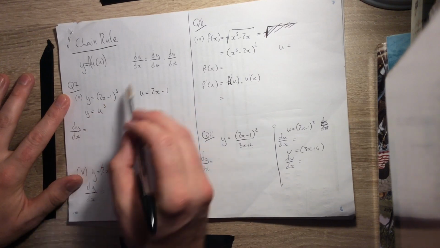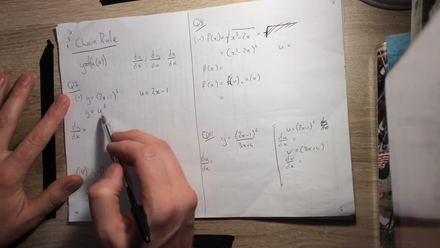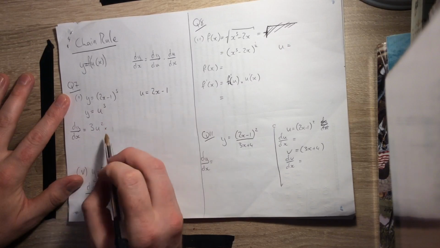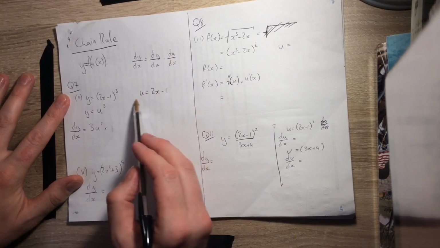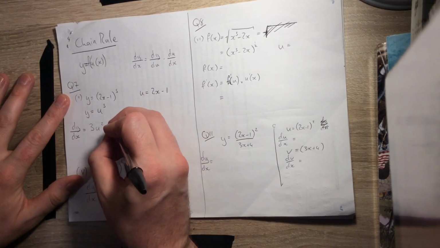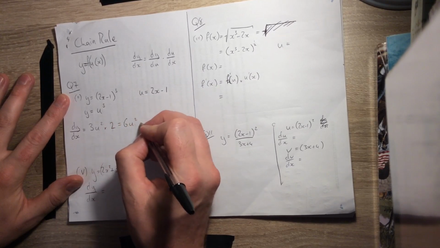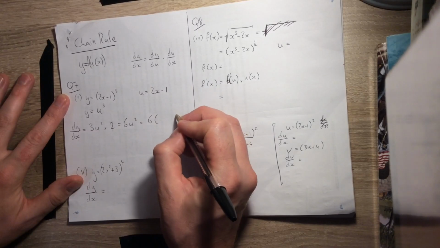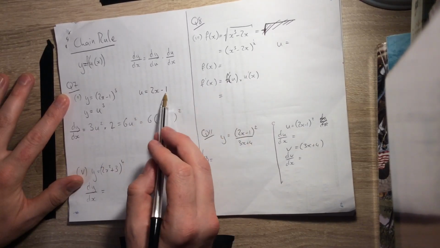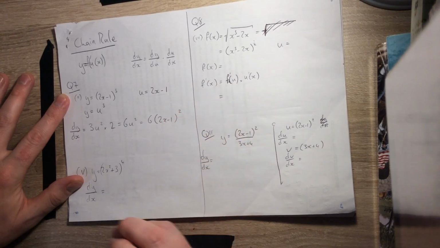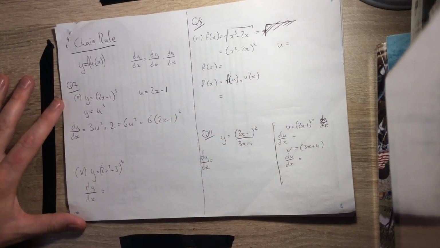Dy dx then is dy du. So differentiate this, it's 3u squared times du dx, 2. Which comes out as 6u squared, or 6, well, we know u is just this thing. So 6 times 2x minus 1 squared.